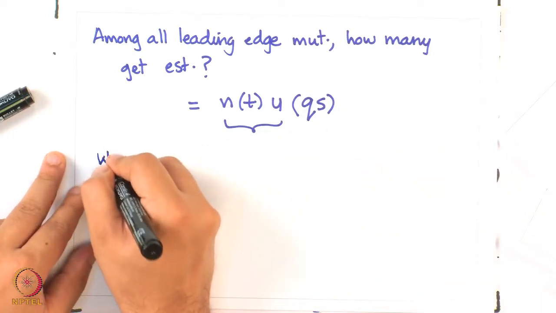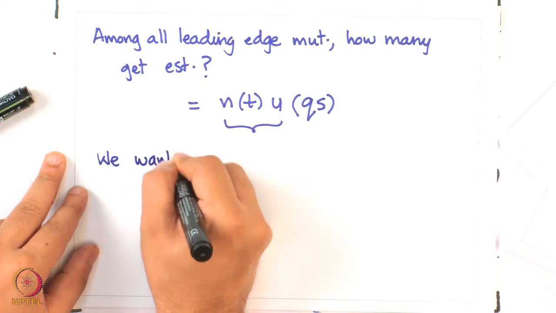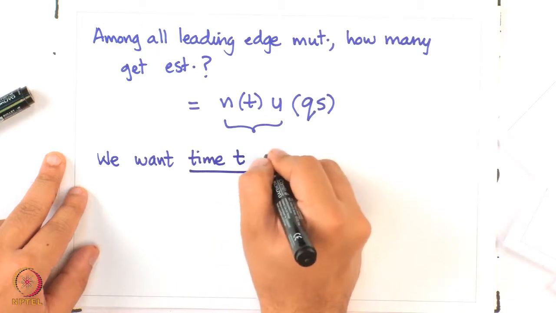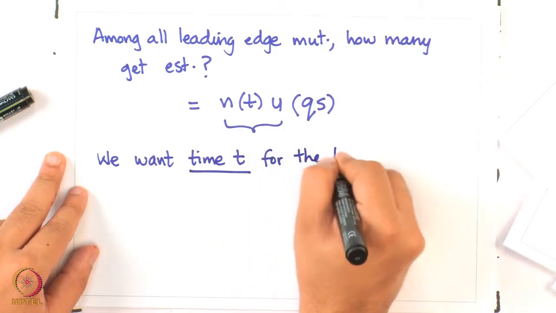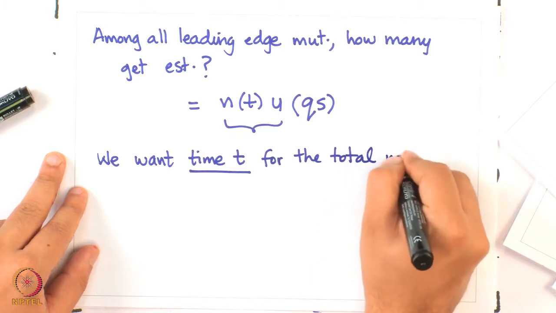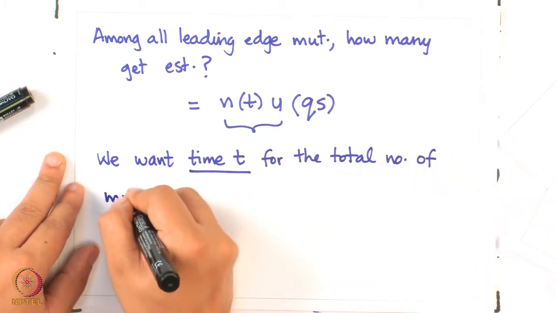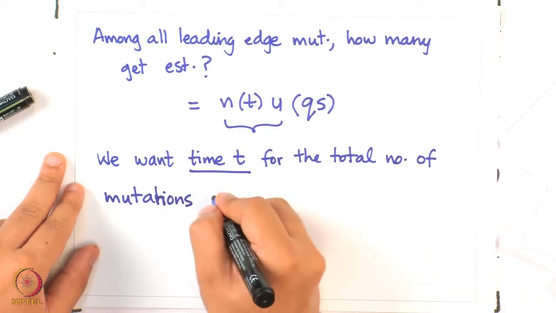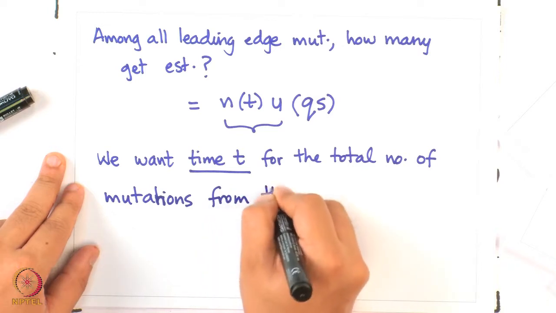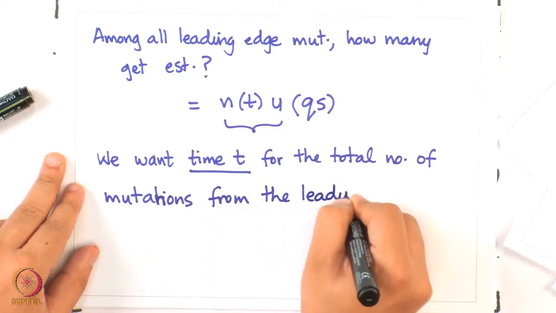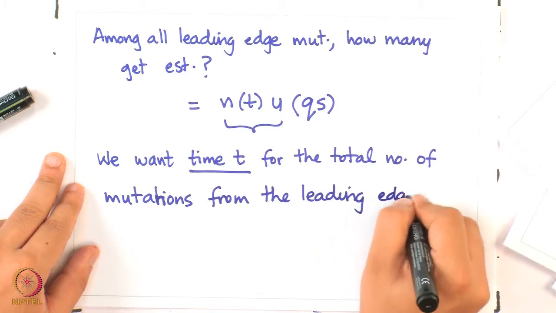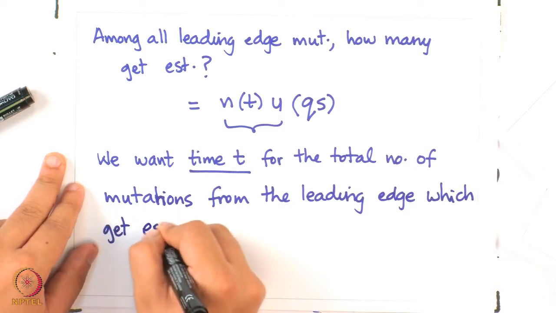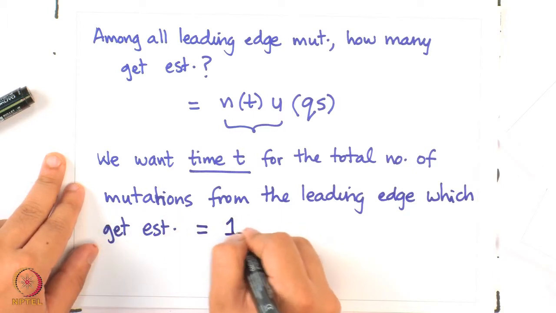What we are interested in is the time t it takes for the total number of mutations from the leading edge which get established to equal 1.